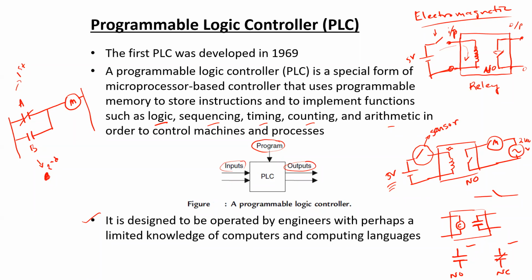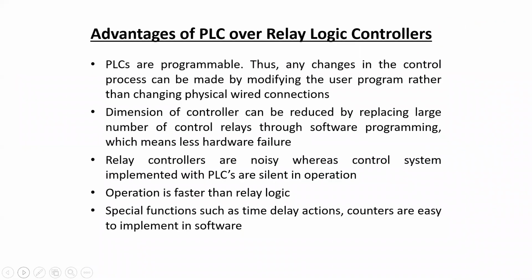So implementing the control systems using the physical relays was a challenging task, because for complex systems or large control systems, a large number of relays would be required, and the more the number of relays, the more complexity will arise, because more hardware wiring has to be done.